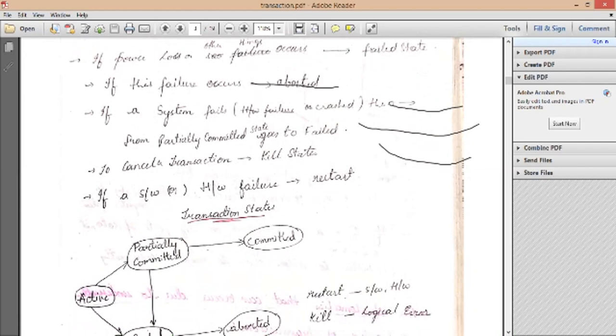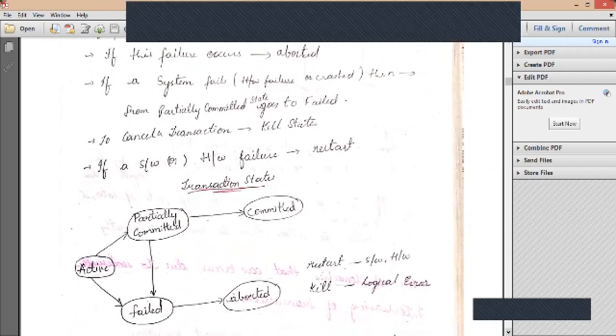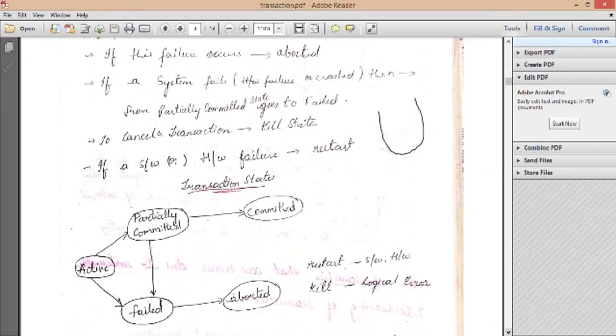If it has completed and committed, then it is in the committed state. If there is a power loss or any logical error or transaction error, then it is called failed.